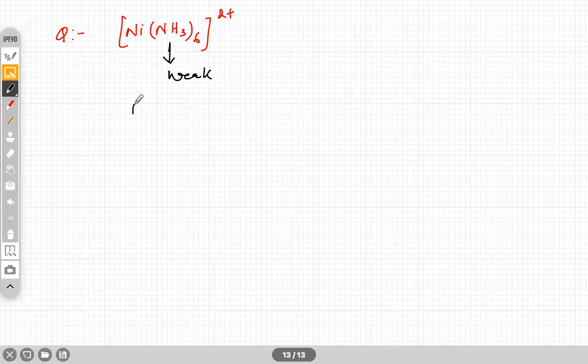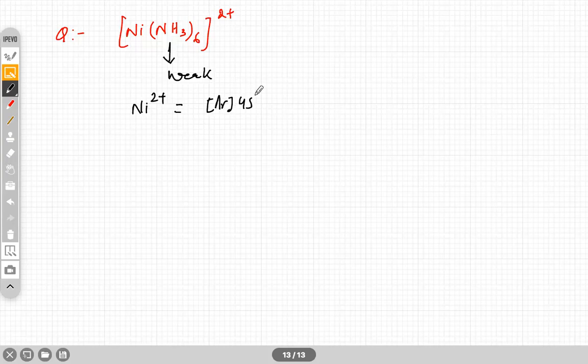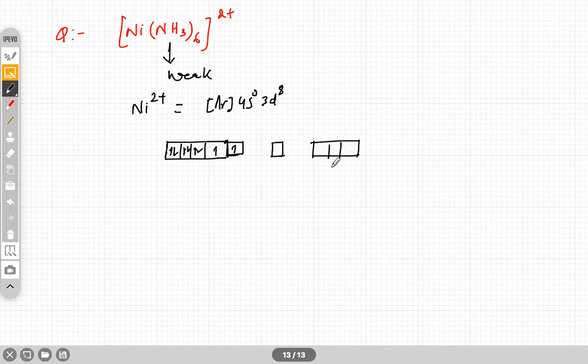Ni2+ is the charge we have, the oxidation state, and its electronic configuration: nickel has 28 electrons, so it is argon 4s0 3d8. Then it is 4s, and then it is 4p.